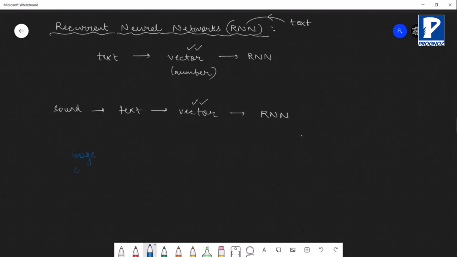So image is colorful in nature, right? Color image will be given as input. This color image will be converted to black and white image, or you can say grayscale image. Okay, so grayscale, black and white, then it is converted to its pixelated format, pixels.